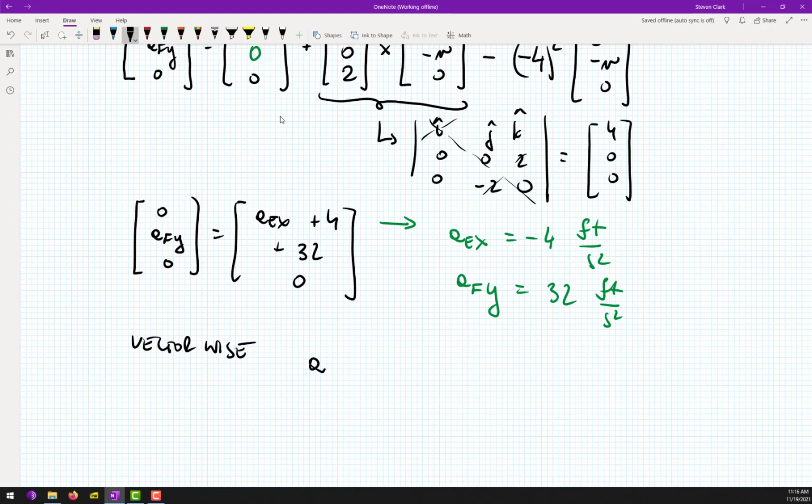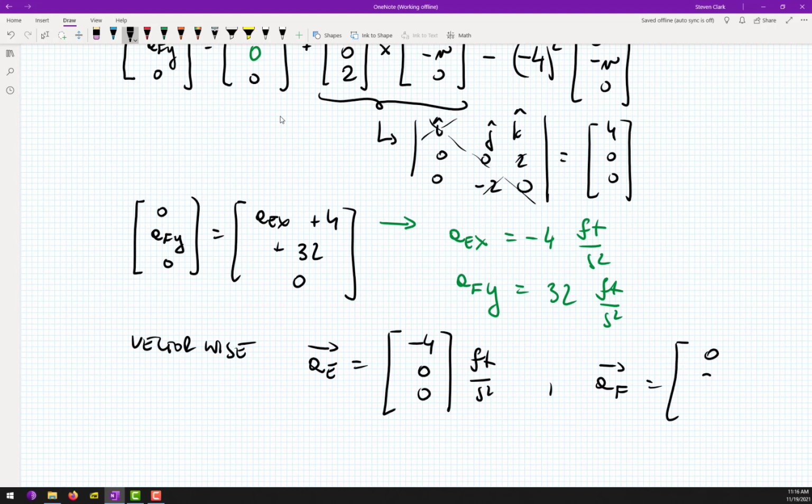Vector-wise, we have AE equal to minus 4, 0, 0 feet per second square, and AF will be 0, 32, 0 feet per second square. But you see, Trevor, why it is not 0, yeah?